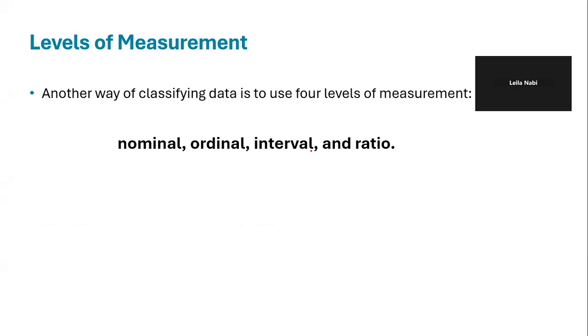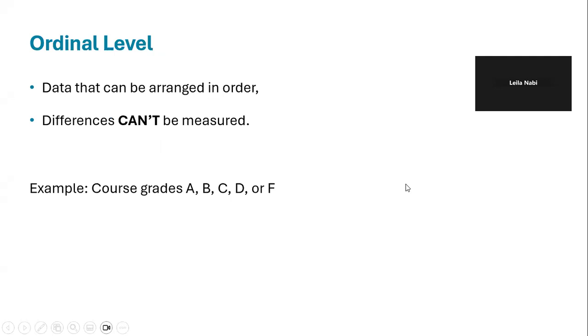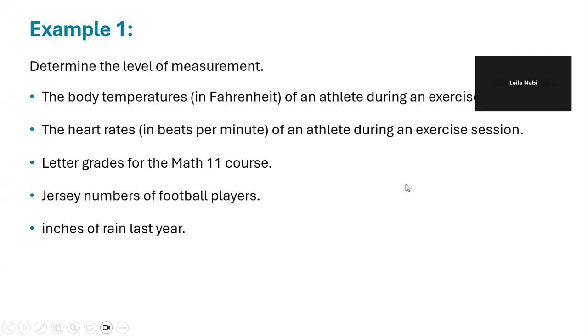Interval and ratio are just numbers. Interval are numbers that you can put in order, and the difference between the data values is meaningful. Ratio you can put in order, the difference is meaningful, and there is a starting point. Each one has one extra characteristic over the previous.